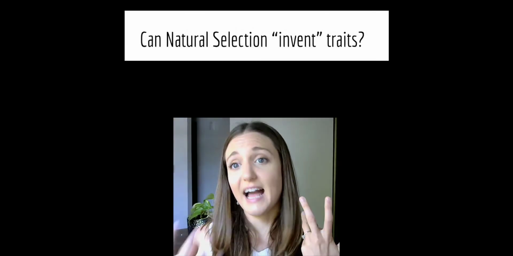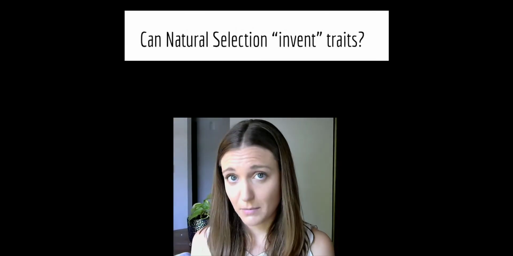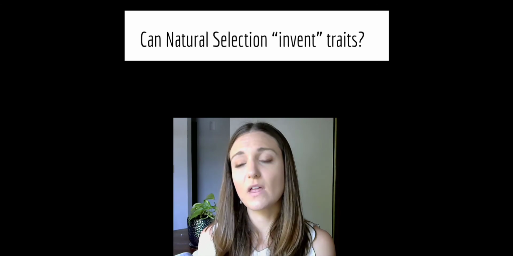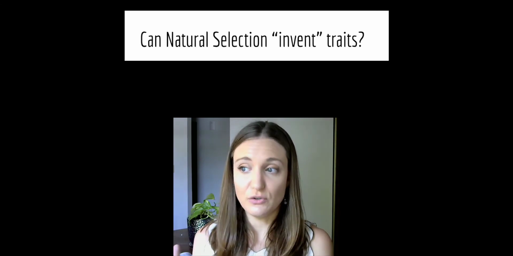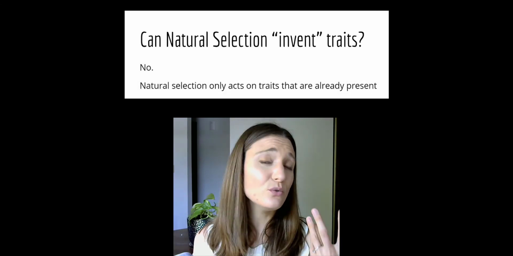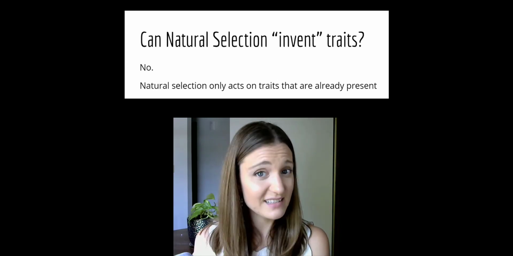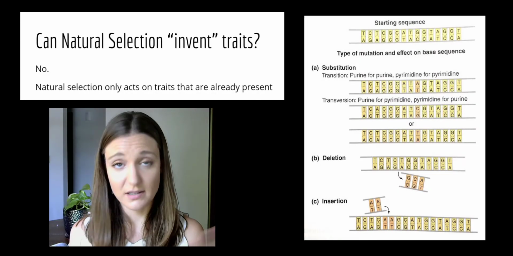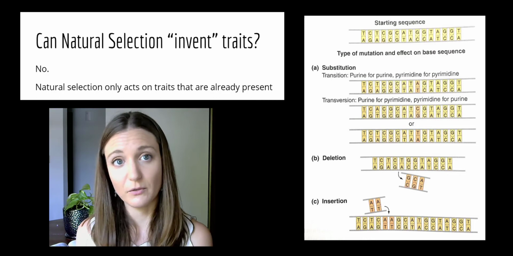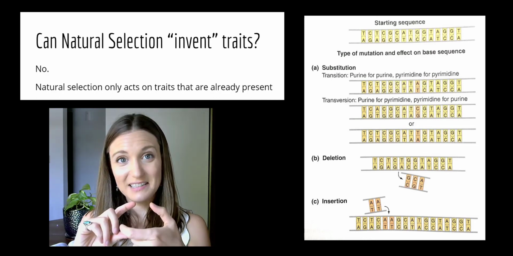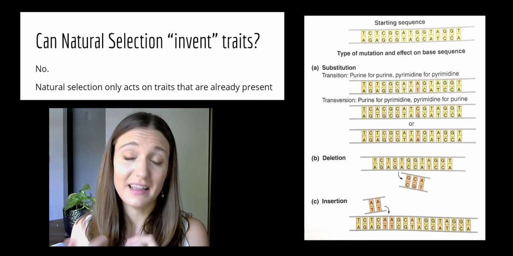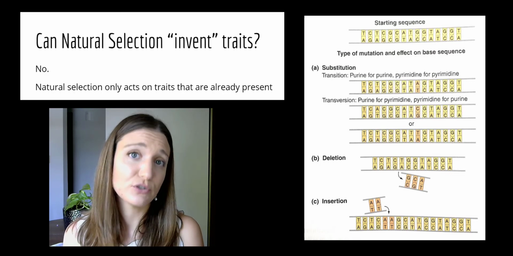Natural selection can only act on traits that are already present in a population, right? So it can't invent new characteristics. New traits arise through the random process of mutation. Slight errors in DNA can sometimes result in new traits.